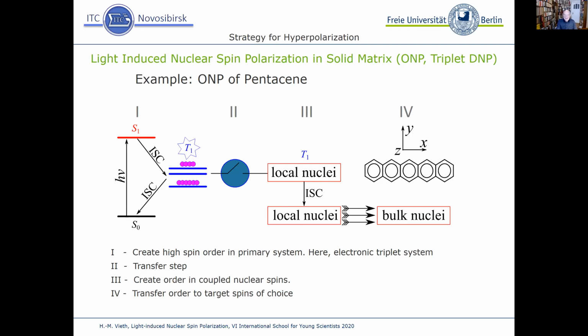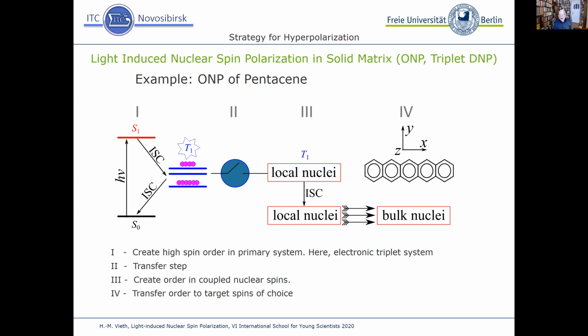And by certain techniques, which we will discuss a little later, we can transfer partly our electron spin polarization to nuclear spins in the neighborhood of the electronic spins.